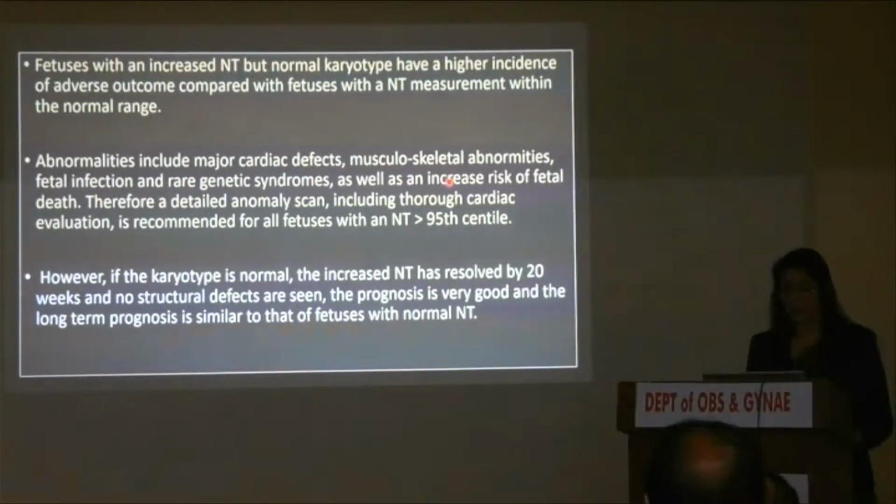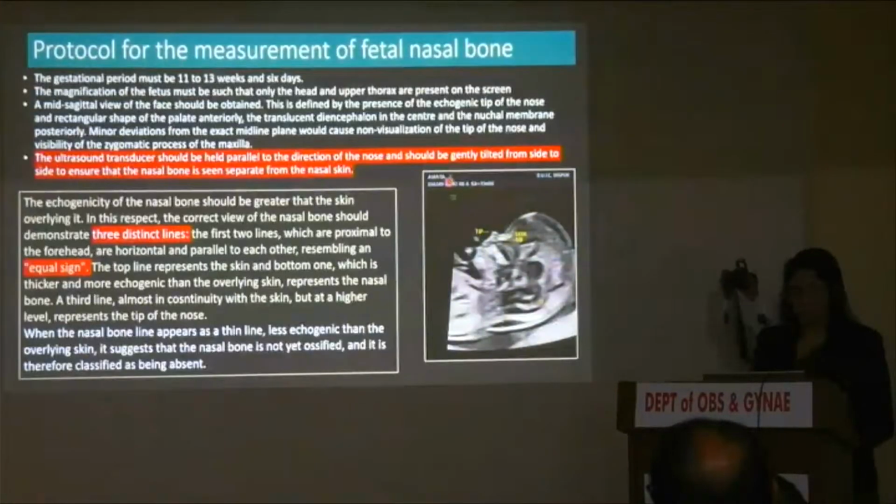And as I said, if the NT is greater than the 95th percentile, we should include a thorough cardiac evaluation in subsequent scans. And if the NT is greater than 3.5 mm, we should always advise invasive testing. And sometimes we see that if the karyotype is normal, then the increased NT is resolved by 20 weeks and no structural defects are seen, and the prognosis is good.